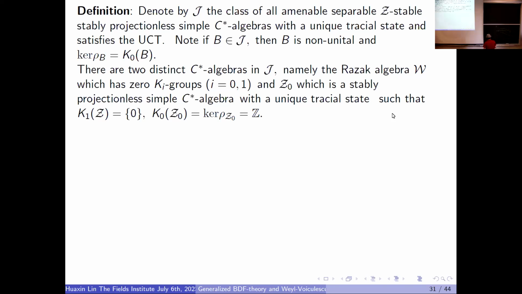Let me point out one of the reasons: the W will kill K theory, and if you tensor with Z0 as a group, you won't change the K theory or traces. Okay. So let's look at extensions of this form.